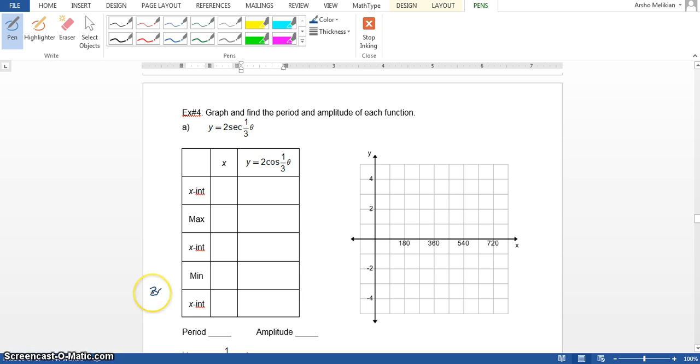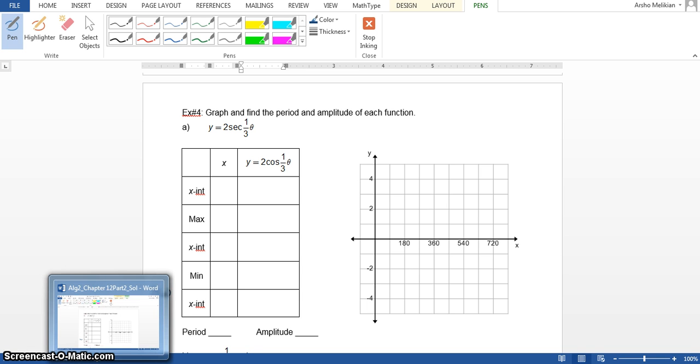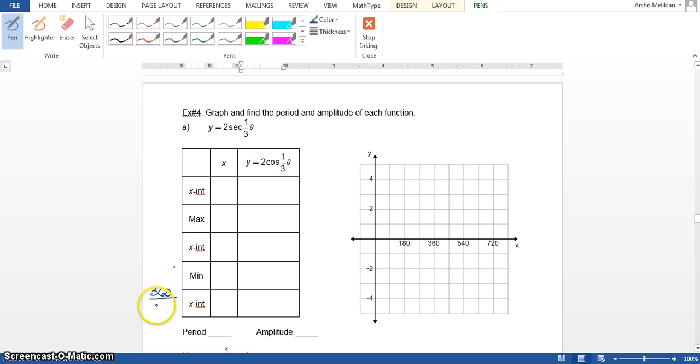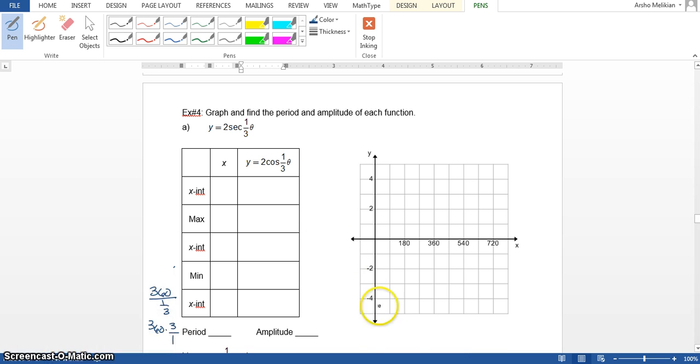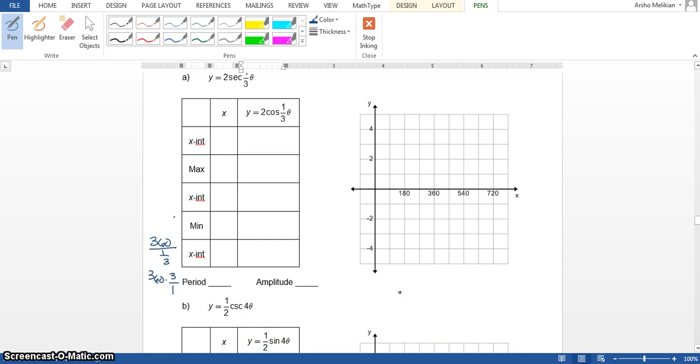It's 360. Remember, cosine and sine are 360 over the coefficient. 360 over 1 over 3. So that's 360 times 3 over 1. How much is that? Anybody? 1080.